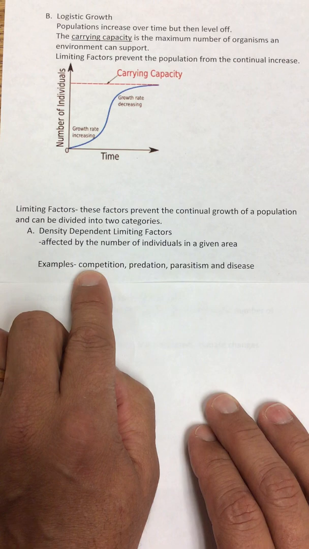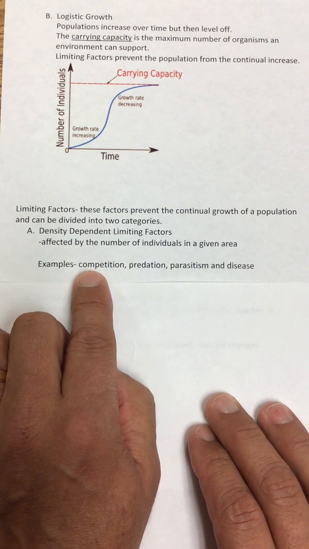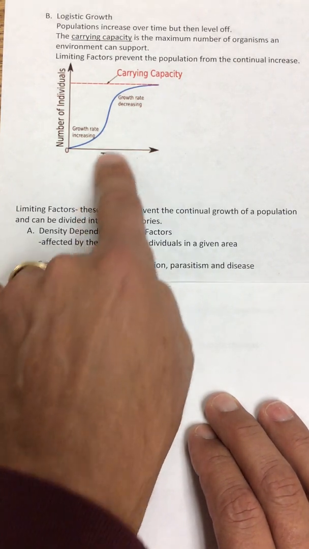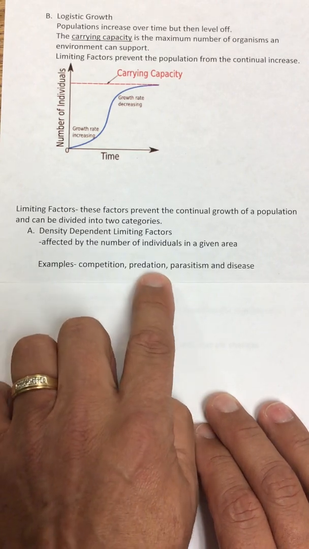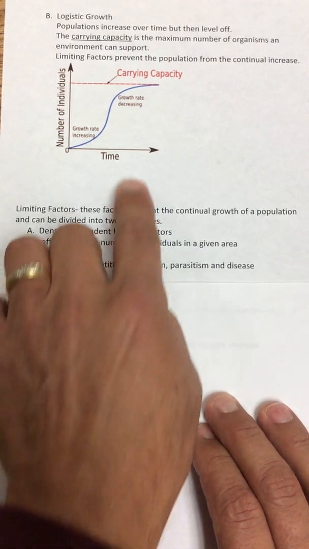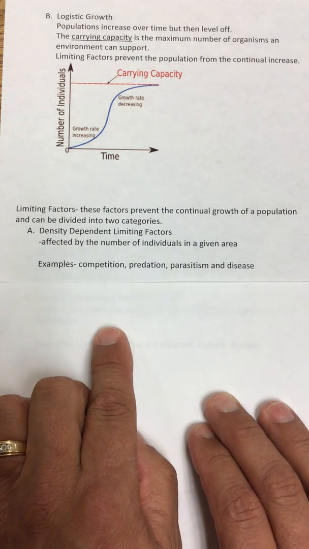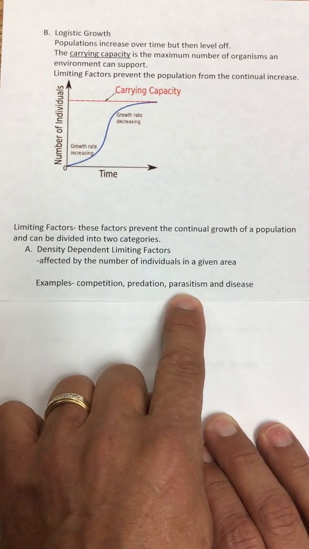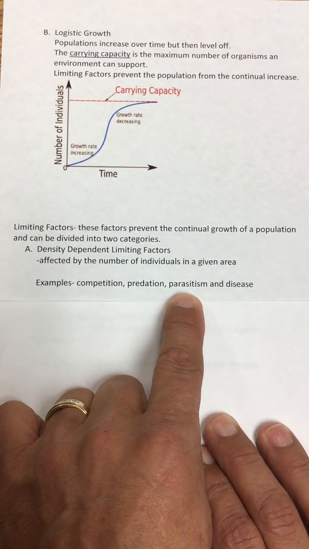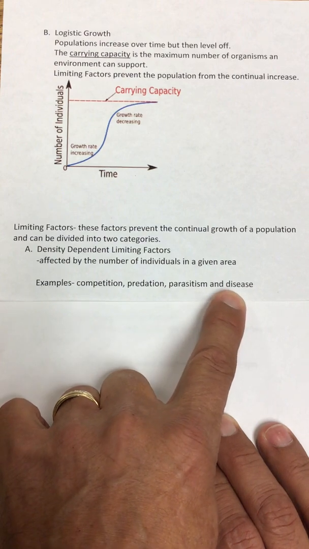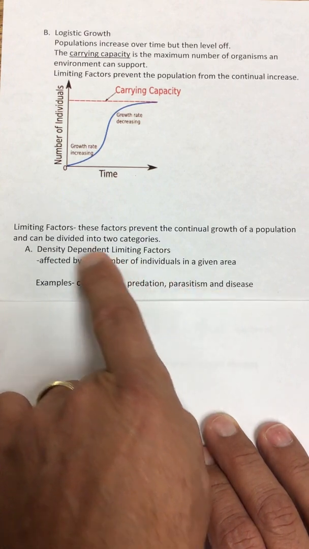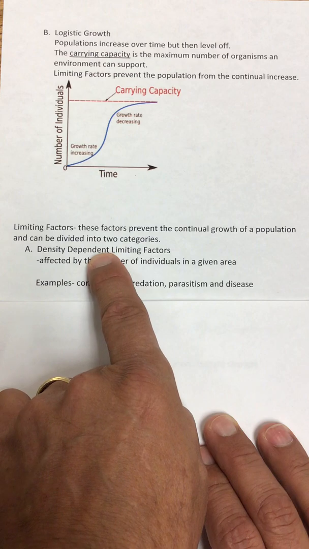So competition, if you have more organisms that are competing, that's going to be a limiting factor. If you have more predators, then that's going to be a limiting factor for your prey. If you have parasites, okay, parasites are going to spread, disease is going to spread when you have more organisms. So that's going to be density dependent.